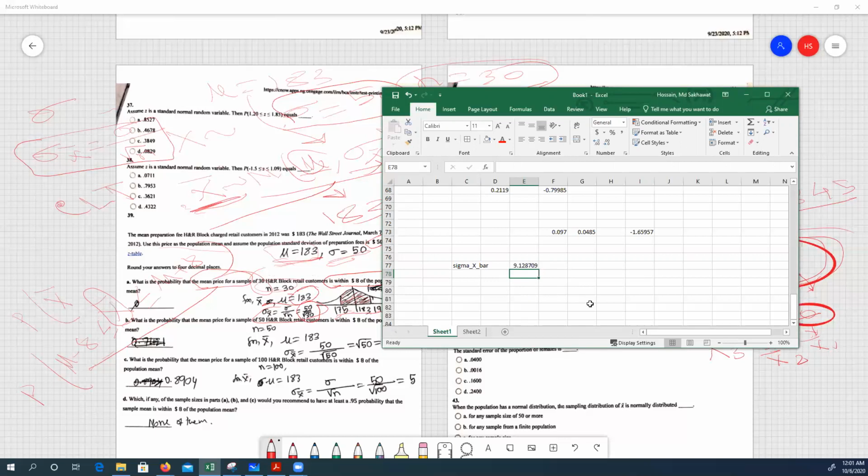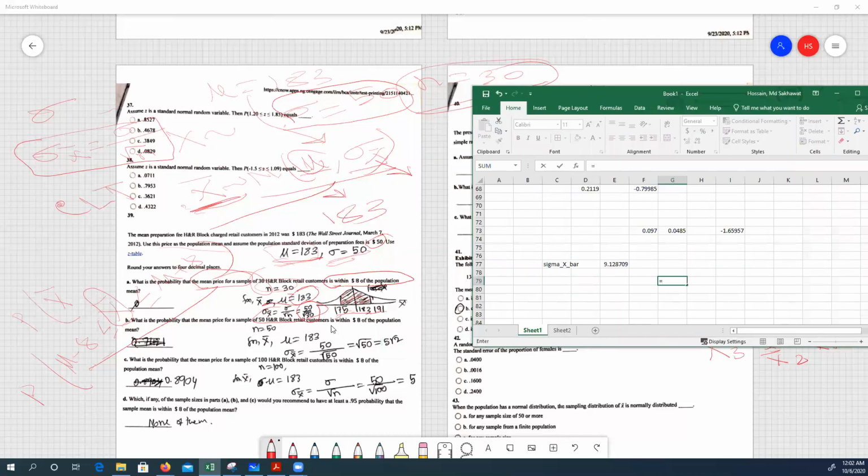Okay, so the mean is 183. Now we have to find the probability between 175 and 191. So use NORM.DIST: first consider the highest number, 191, comma, the mean 183, comma, the standard deviation, which we already calculated as 9.129, comma, and cumulative.